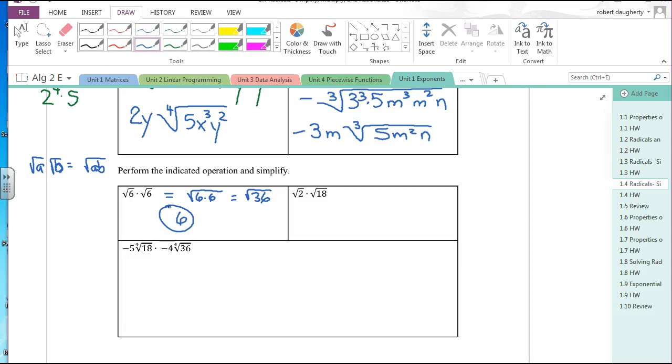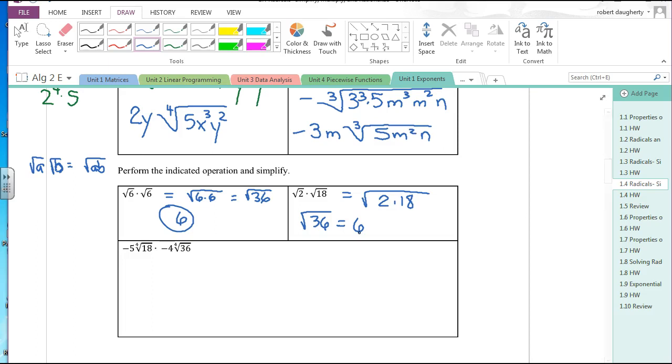Now, square root of 2 times the square root of 18. Square root of 2, I can't simplify that. Square root of 18, well, that is 9 times 2. But what I can do to make this real easy, this is the square root of 2 times 18. What's 2 times 18? 36. This is the square root of 36, which is 6.